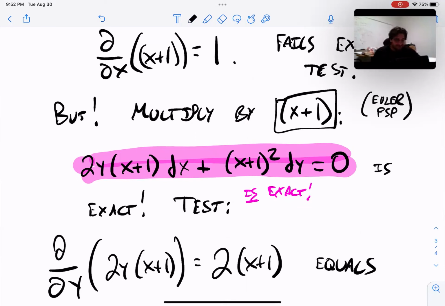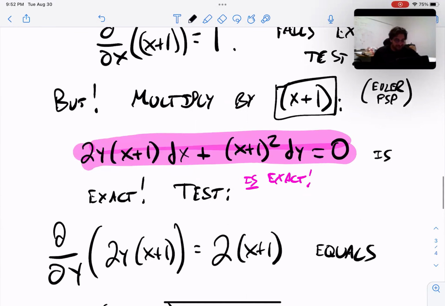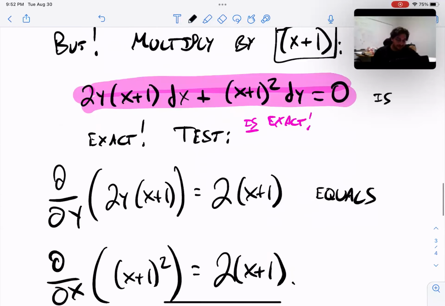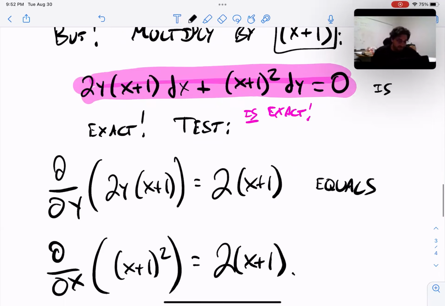But here I'm just looking at the test for exactness, and this idea that a differential equation could be made exact sometimes by multiplying both sides by some strategic expression.